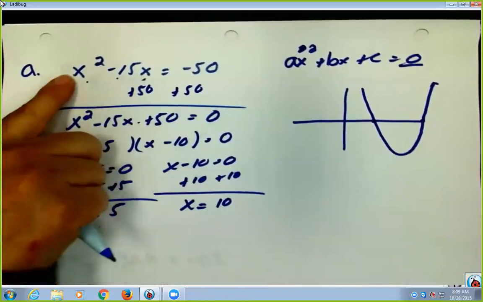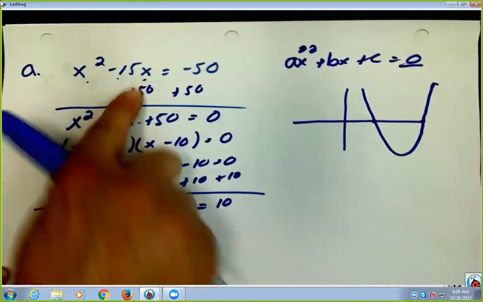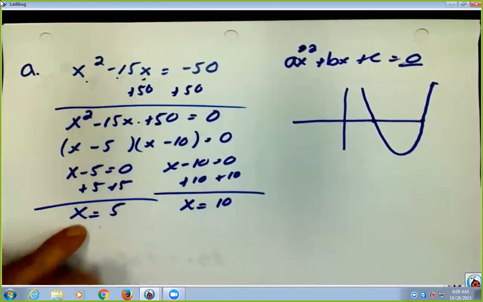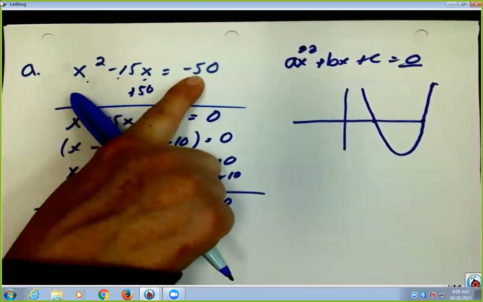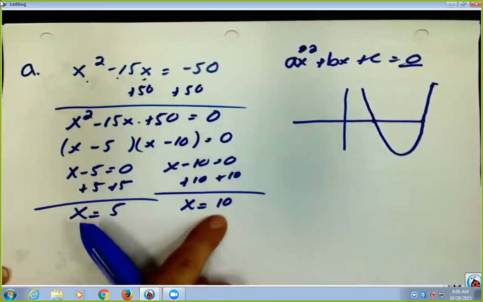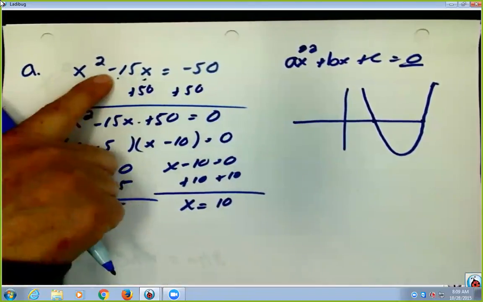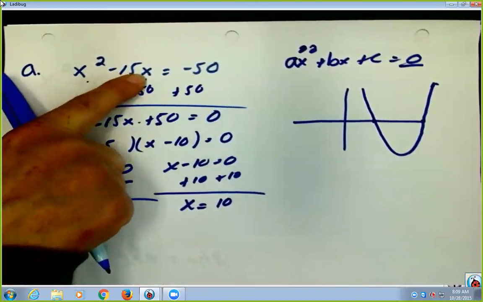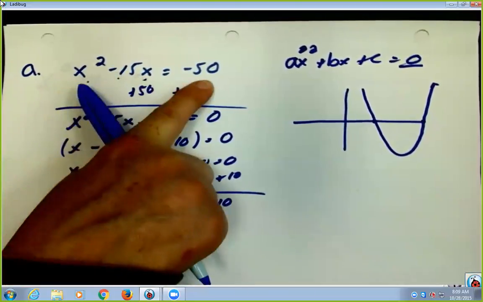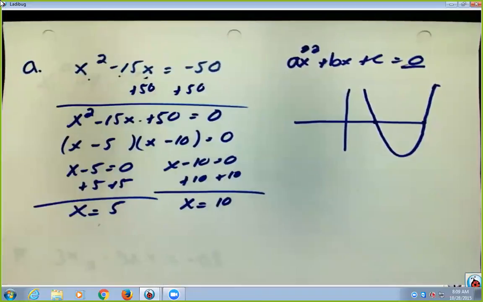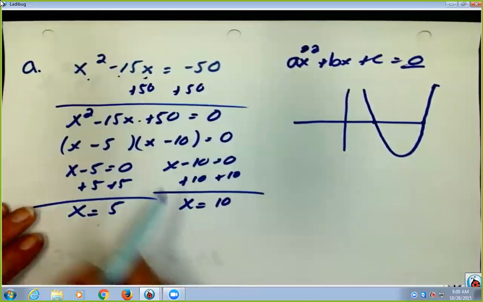Minus 75, so 25 minus 75 is going to give me a negative 50, so we're good. Plug in 10: 10 squared is 100, minus 15 times 10 is 150, so 100 minus 150 is also a negative 50. So we know both of our answers are good, and we can use each one of them.